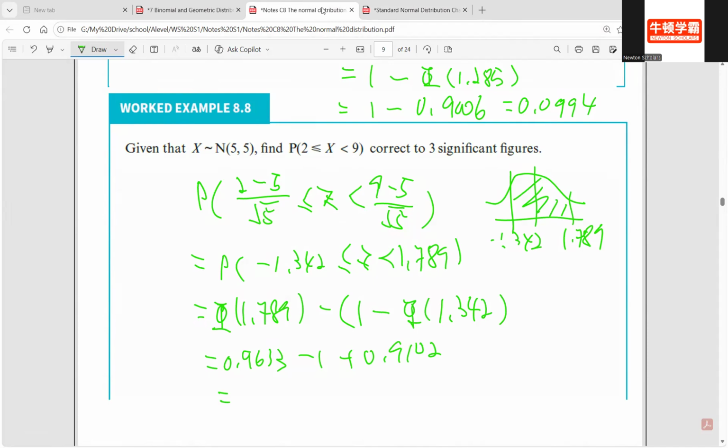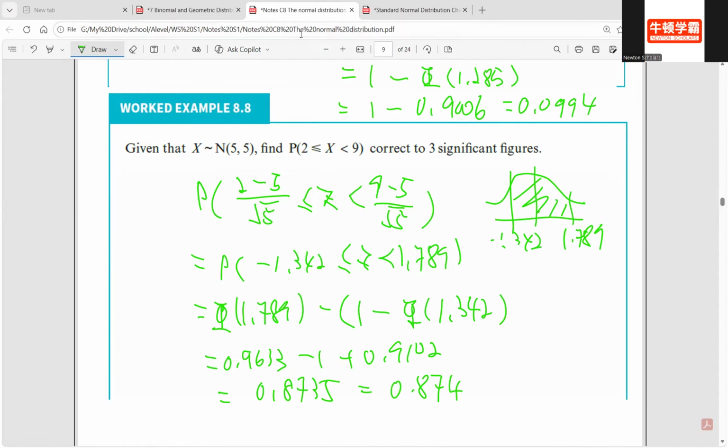Then you press the calculator. 0.9366 minus 1 plus 0.9102. Okay, I will get 0.8735. To 3 significant figures, 0.874. Okay, so we finish already.